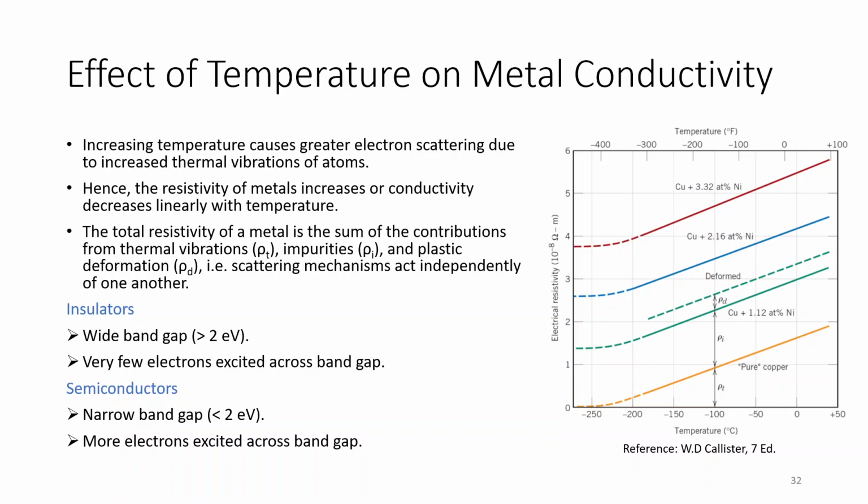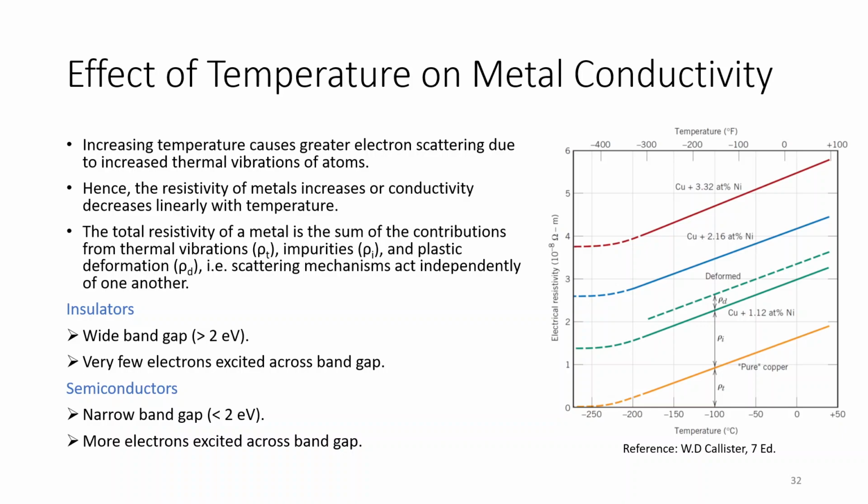Increasing temperature causes greater electron scattering due to increased thermal vibration of atoms. Hence the resistivity of a metal increases, or conductivity decreases, linearly with temperature. The total resistivity of a metal is the sum of the contributions from the thermal vibrations, impurities and plastic deformation.